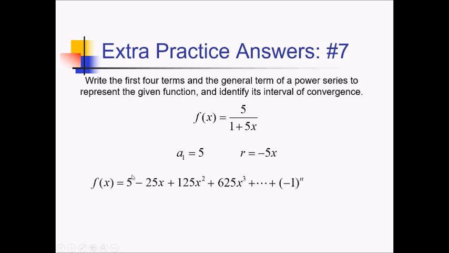I would need 5 to the 1 to get a first term of 5. So I'm going to write this as 5 to the n plus 1. That way when I plug in 0 for n, I'm actually going to get 5 to the first power instead of 5 to the 0. Next, I have an x that should also be there. So I'm also going to write x to the n plus 1. And let's see here.